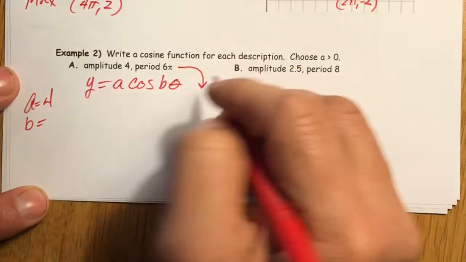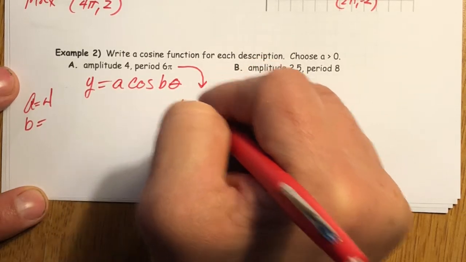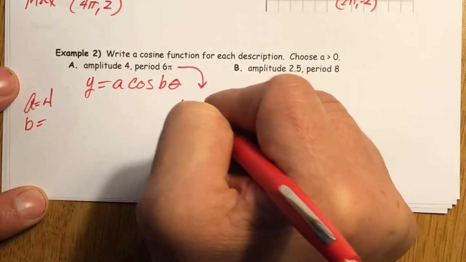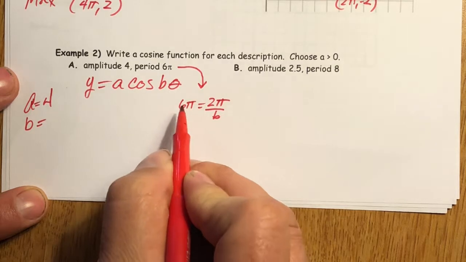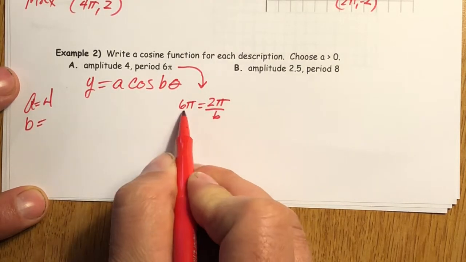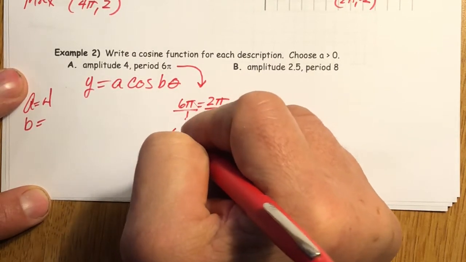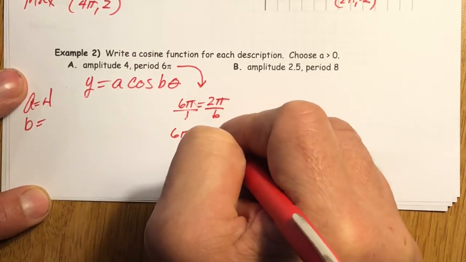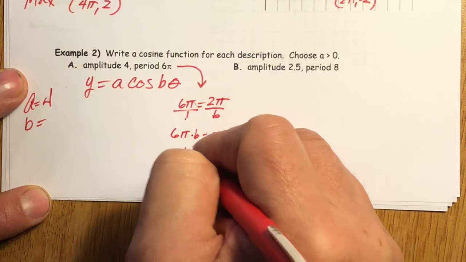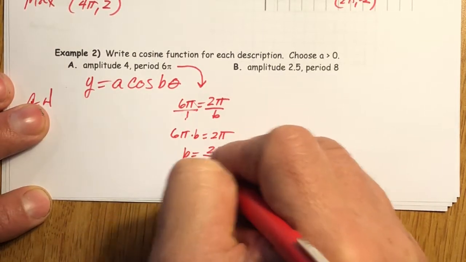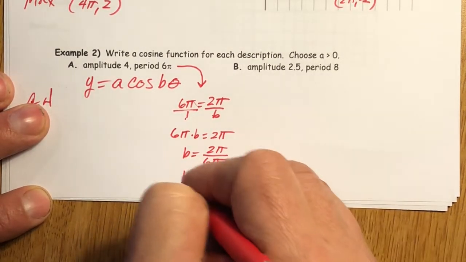So what you need to do is this. You go 6 pi equals 2 pi over b. Remember, the period is equal to 2 pi over b. Cross multiply, so I get 6 pi times b equals 2 pi. So b equals 2 pi divided by 6 pi.